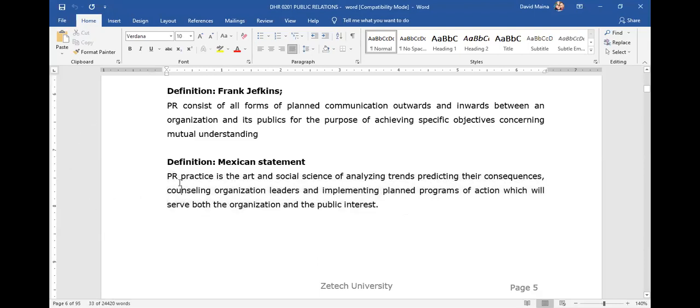So, the Mexican statement says this: it is the art and social science. When something is an art, it is something that requires your skills. Anything that is an art is anything that requires your skills to solve, or the input of your skills.